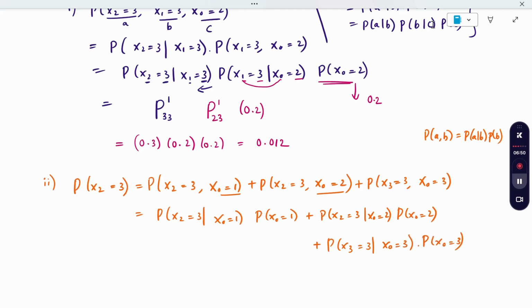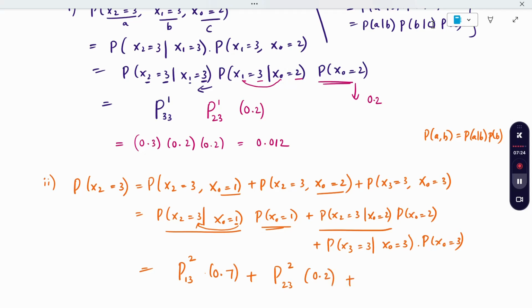Now substitute, write a short form for this. This short form is P 1, 3, squared, so P13 power 2. Same way, the initial probability at x naught equal to 1 is already given in the question, 0.7. Plus, in short form, P23 power 2 with initial probability 0.2, given in the question.